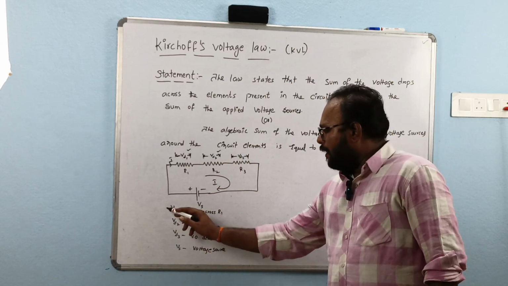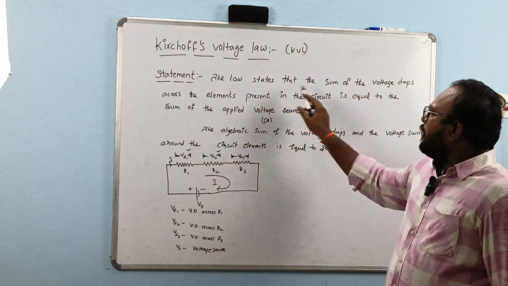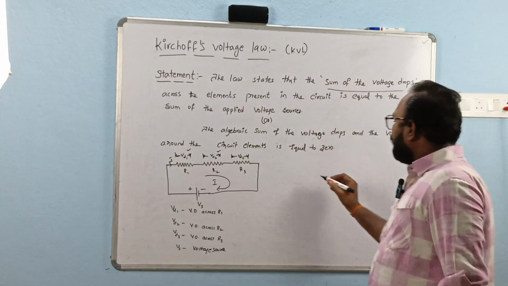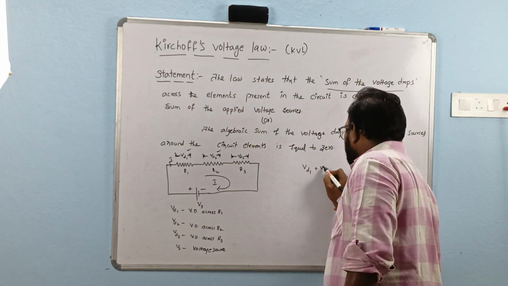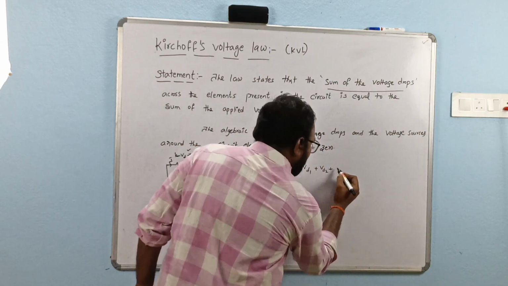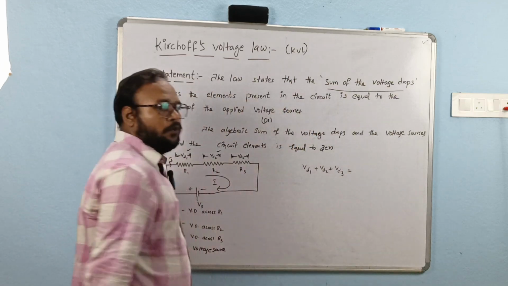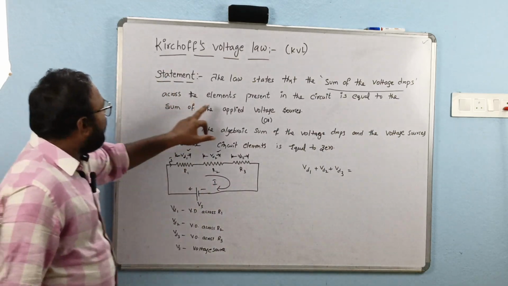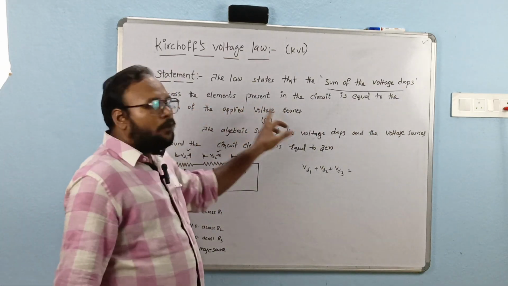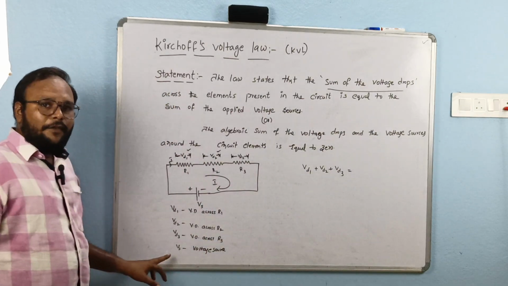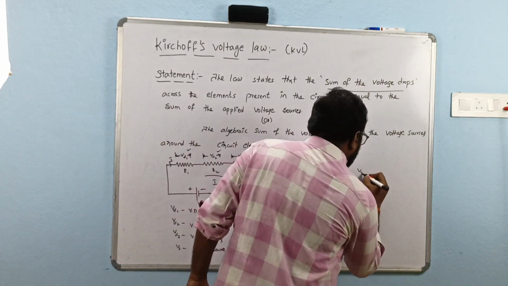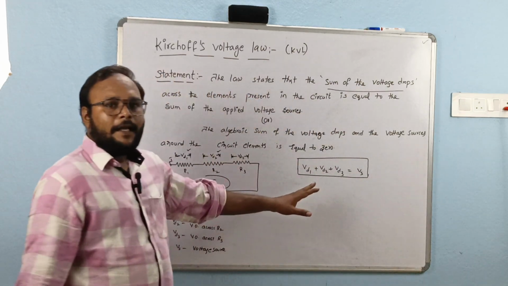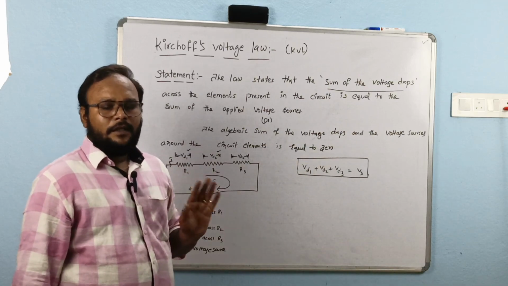So, we are going to add these: VD1 plus VD2 plus VD3 is equal to the sum of the applied voltage source, which here is Vs. So, VD1 plus VD2 plus VD3 equals Vs. This is the equation for KVL. Very simple.